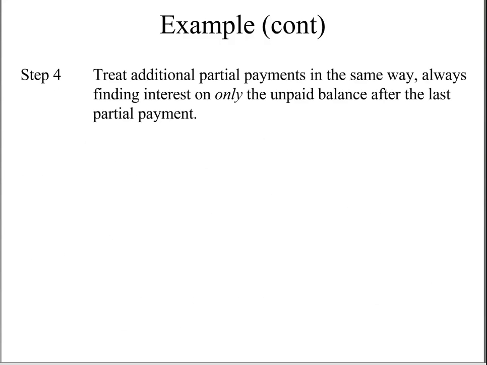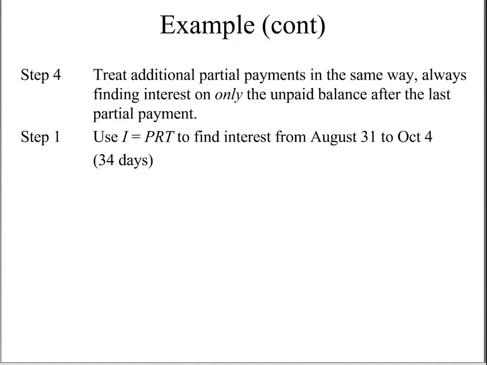Now step 4 says treat any additional partial payments in the same way, always finding interest on only the unpaid balance after the last partial payment. So we go from August 31st all the way up to October 4th, because October 4th is when I make my next partial payment. That will be a total of 34 days. Now I have to figure out how much interest I owe.